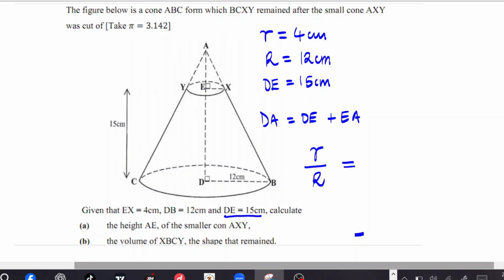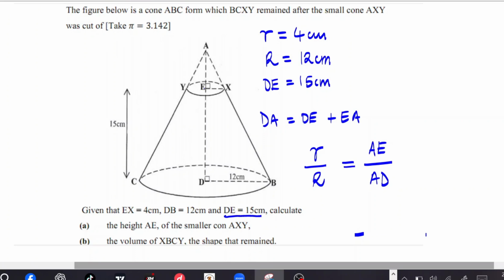So what we are going to do is we will also pick the height of the smaller cone, which is AE, over the height of the bigger cone, which is AD. Now, this will help us to know here.